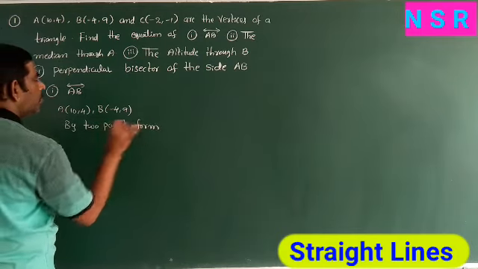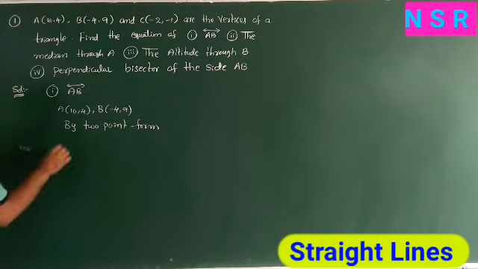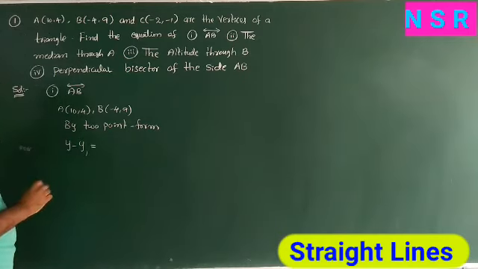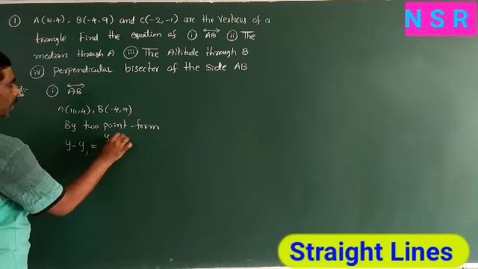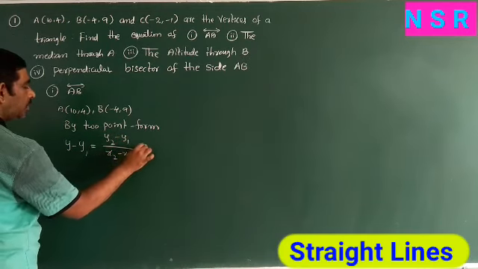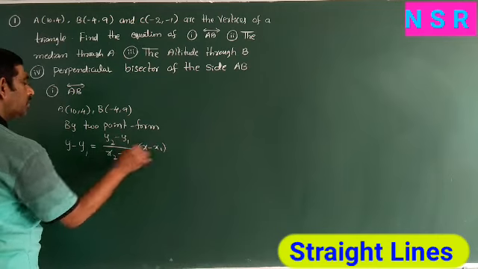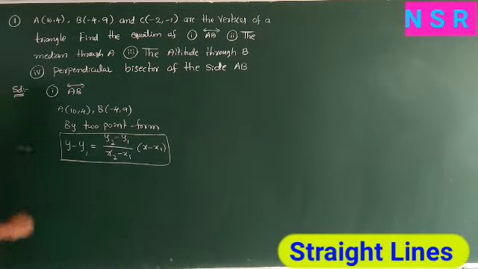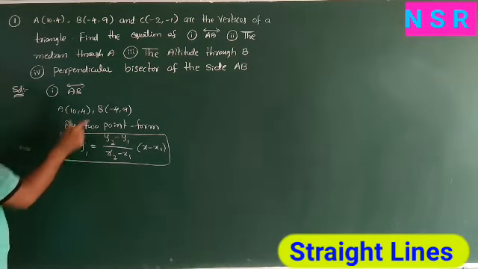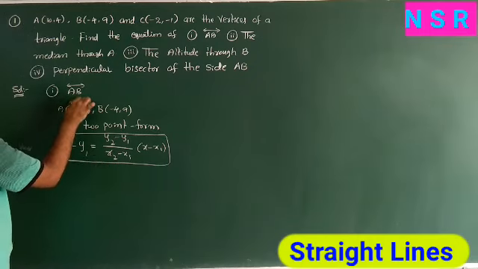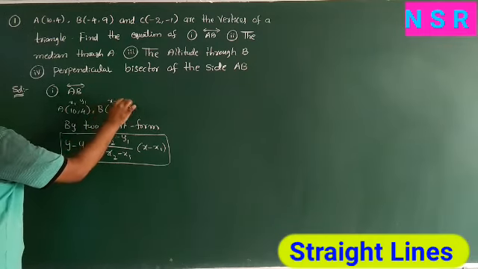If we have 2 points (x1, y1) and (x2, y2), the 2-point form of straight line equation is y minus y1 equals (y2 minus y1) by (x2 minus x1) into (x minus x1). Why are we applying 2-point form? The line segment has 2 endpoints A and B, so we have 2 points. So this is x1, y1 and this is x2, y2.